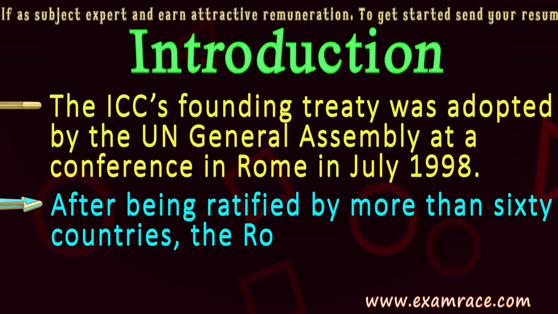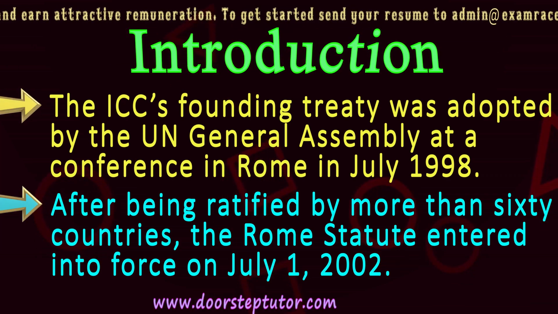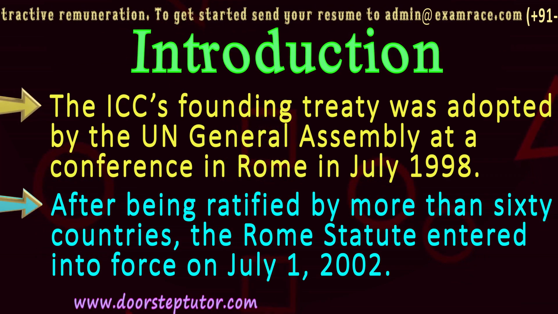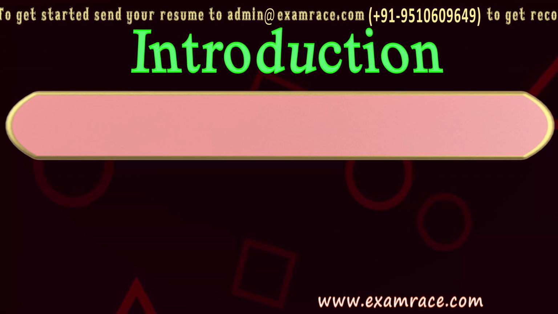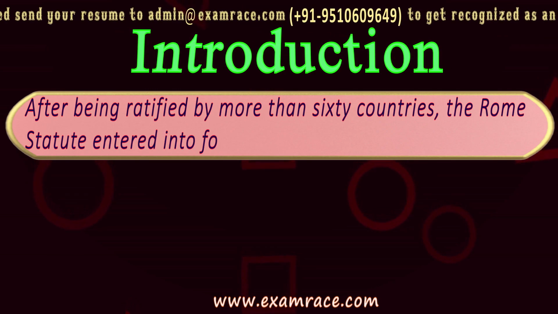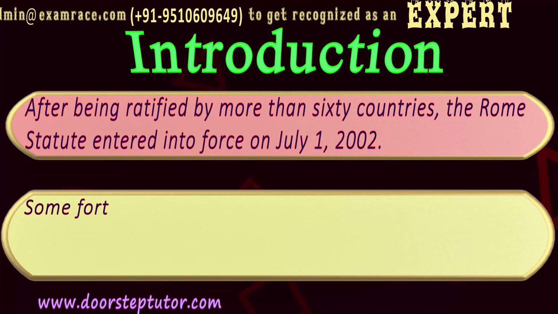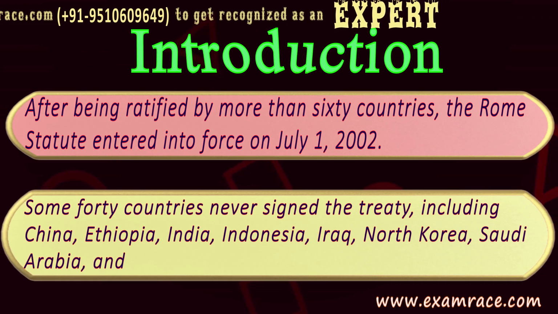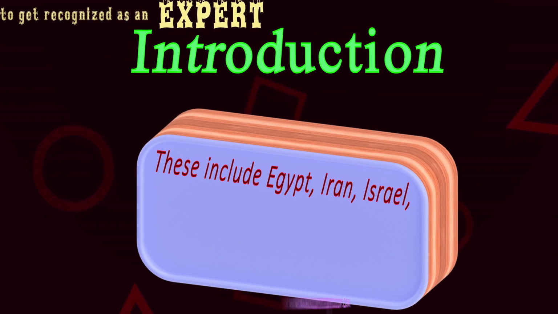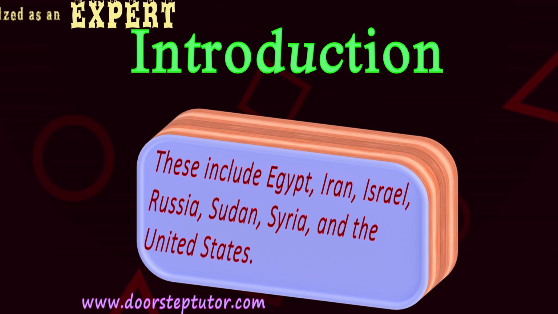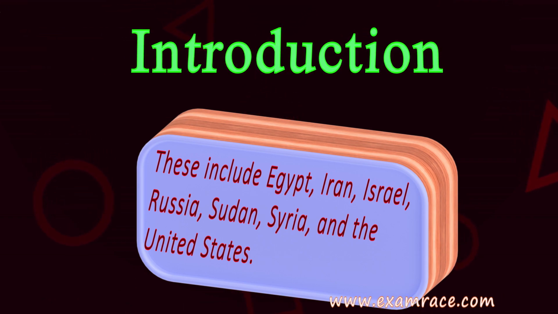After being ratified by more than 60 countries, the Rome Statute entered into force on July 1, 2002, which is the establishment year. There are 122 countries party to the Rome Statute, and some 40 countries have never signed this treaty, including China, Ethiopia, India, Indonesia, Iraq, North Korea, Saudi Arabia, and Turkey.